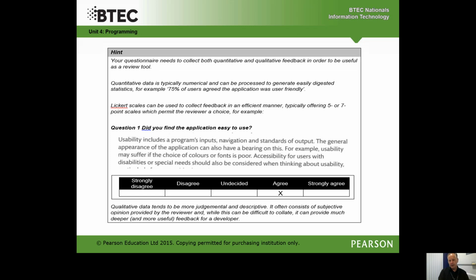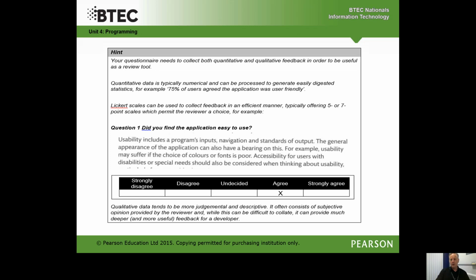So then what you do is put in a little definition of what you're trying to measure. So in this case, question 1 is trying to measure usability, put in a definition of usability, and then how you're going to measure that answer. So in this case, it uses a 5-point scale: strongly disagree, disagree, undecided, agree, strongly agree, and then you'd ask your users to choose one of the categories, and then you work out which percentage said each answer.